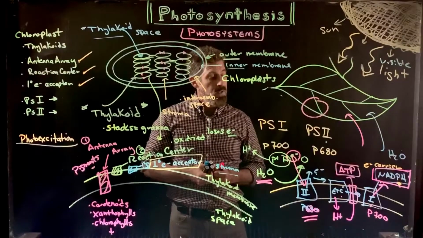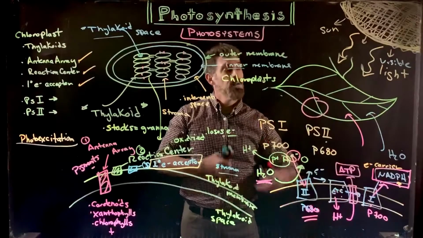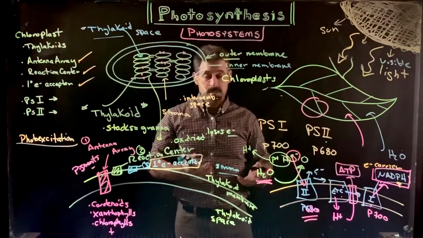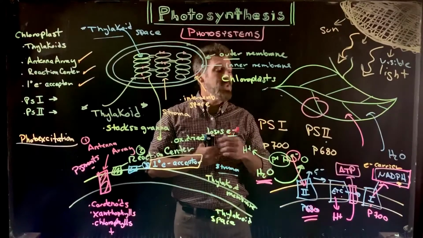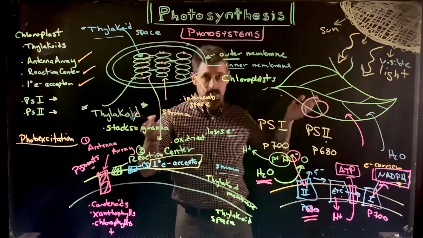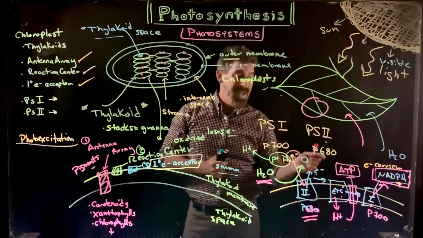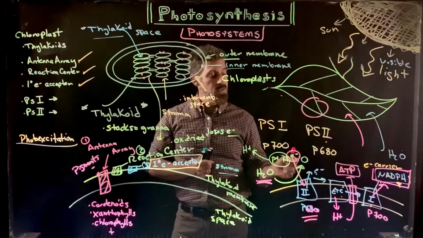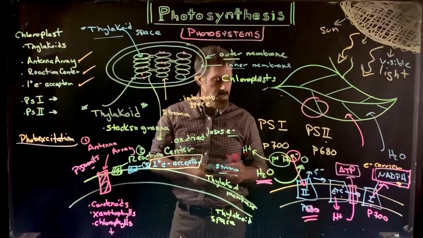P700 was discovered first, and then when they found a second photosystem, they just referred to them as photosystem 1 and 2. They didn't know that they were connected or that there was a particular order to them, but they were acting independently. Then eventually we discovered that, oh no, they actually connect to each other in this process, and it just happens that the second one discovered is where everything begins.